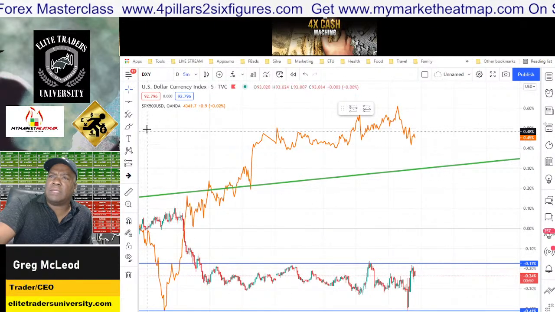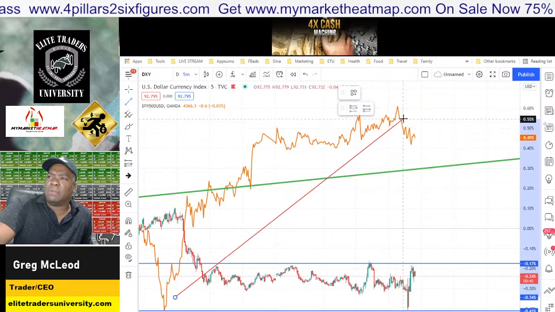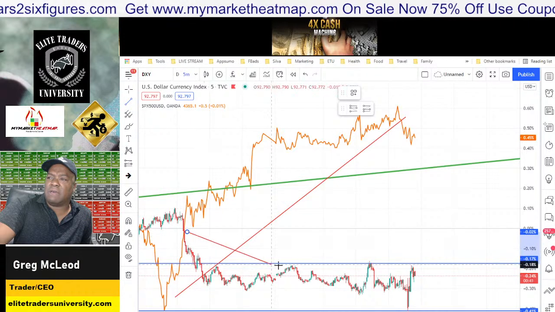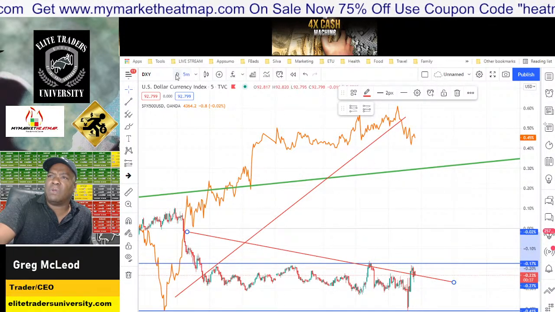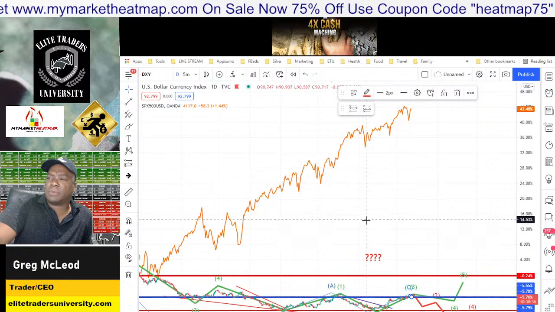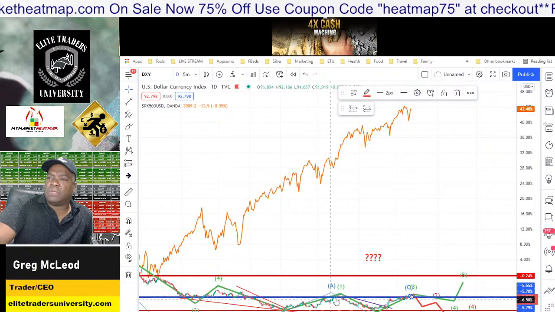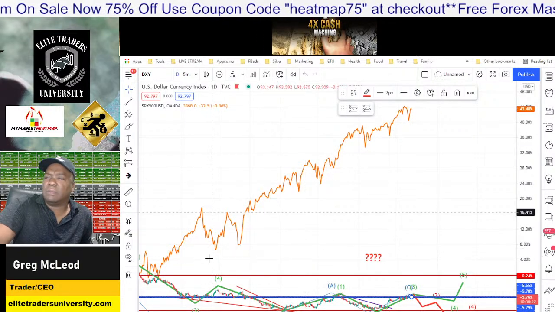It's going in a nice uptrend, right? Higher highs and higher lows, right? And then the dollar, it sells off, right? And anytime the S&P sells off, like if we were going to a daily chart, you can see the dollar goes down and the stock market goes up, right?